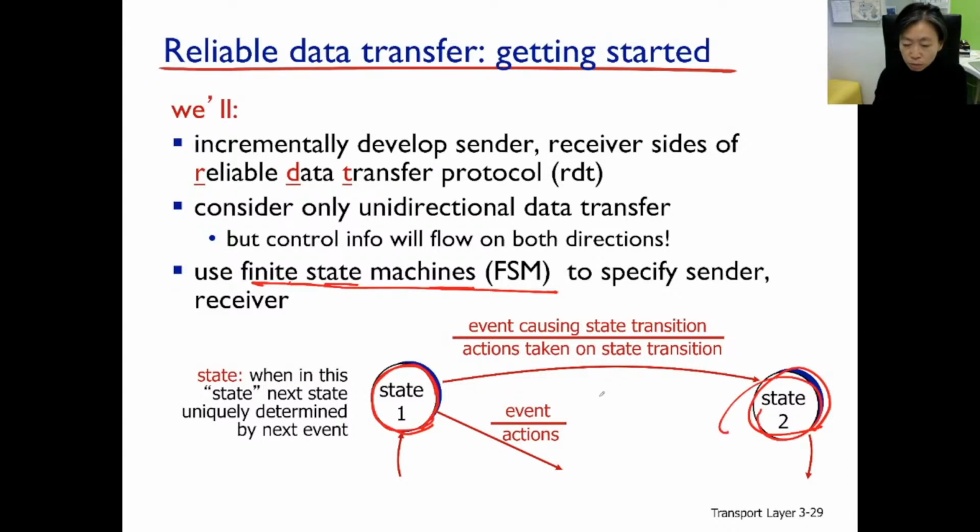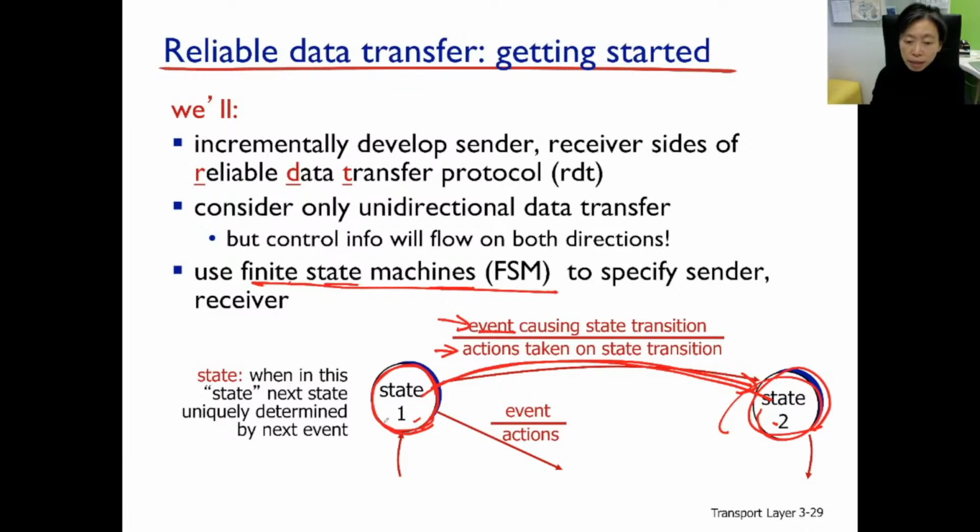You might have a transition saying that under this condition, we go from state 1 to state 2. And in the meantime, as we transit from one state to another, we take this action. So the arc here defines when a machine will jump from one state to another, and what action is to be taken corresponding to this event occurring.